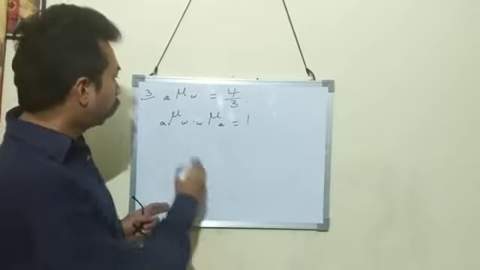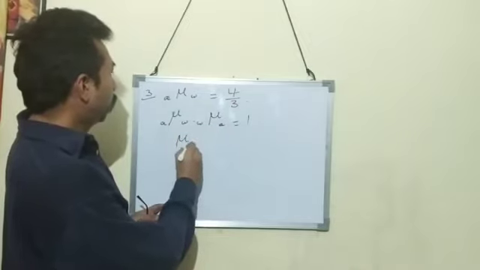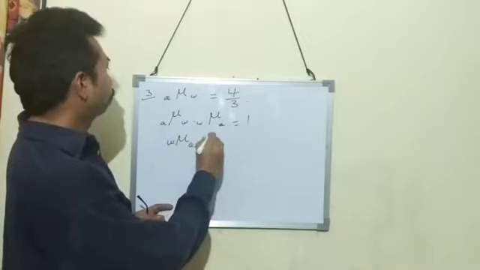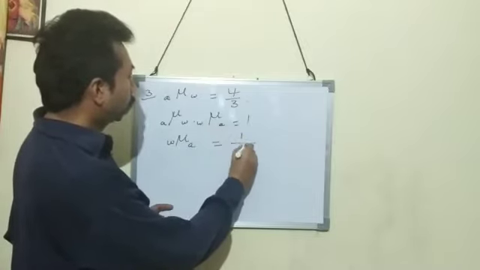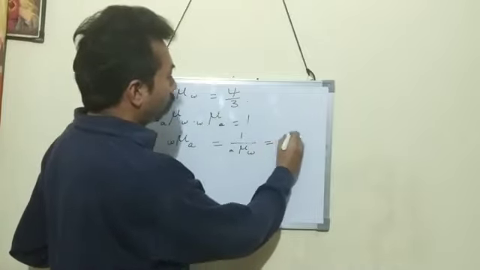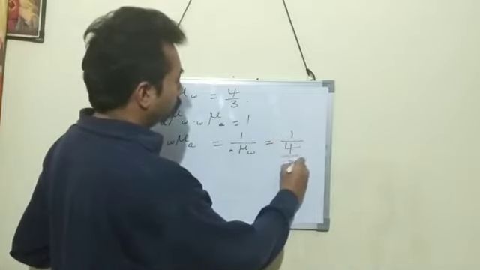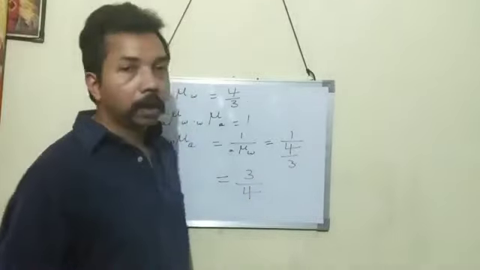So this is the formula. So we can write refractive index of air with respect to water is equal to 1 upon refractive index of water with respect to air, that is 1 upon 4 by 3, which is equal to 3 upon 4. So this is the answer.